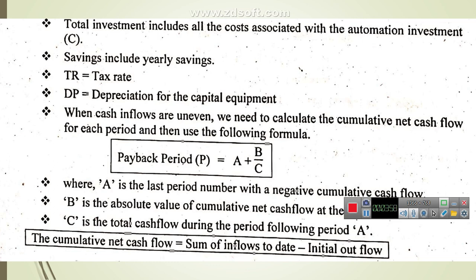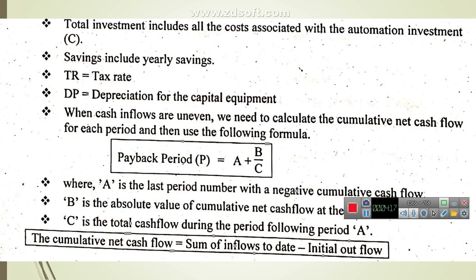Savings include yearly savings, where TR equals the tax rate and DP is the depreciation of the capital equipment. When the cash inflows are uneven, we need to calculate the cumulative cash flow using the following formula.